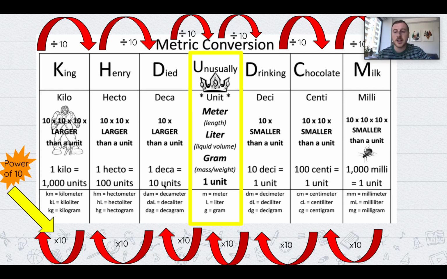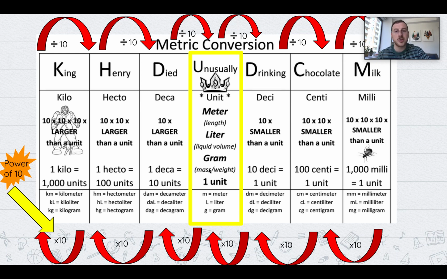You can see here, this is 10 units. This is 1 unit, so a deca is 10 units or times 10. A hecto is 100 units or times 2 powers of 10. You could see here 1 power of 10, 2 powers of 10. And finally, our kilo, which is multiplied by 3 powers of 10 or 1,000 units.